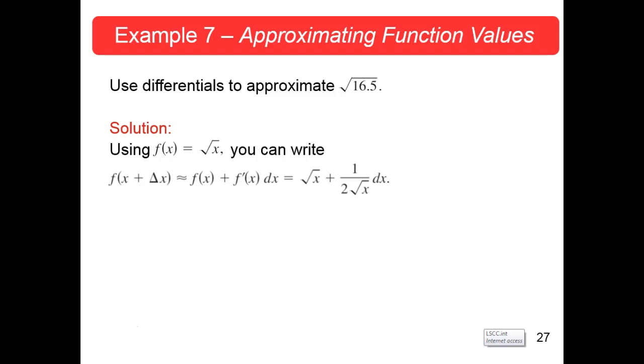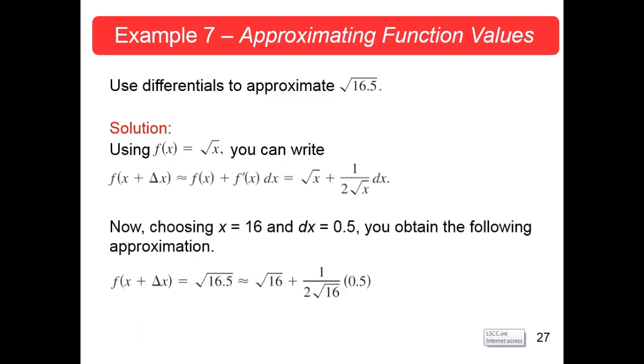What they said is you're looking for this thing, which is the square root of that. Let's just use an x that's easy to evaluate the square root of, and let's take that to be 16. Plus, and then we'll have the rest of this in here. That would make your x 16, your dx 0.5. And then your f of x plus dx, which is the square root of 16.5, is equal to the square root of 16, that's this part, plus 1 over 2 times the square root of 16 times your dx, which is 0.5.